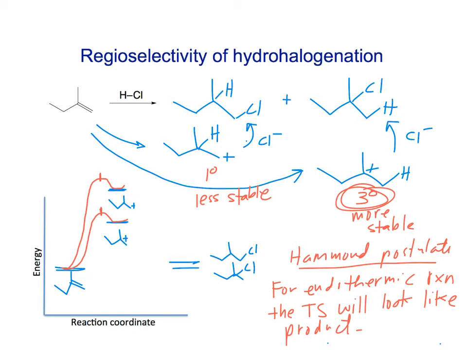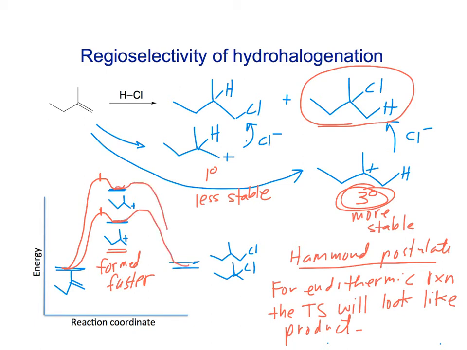That means that this one will also be formed faster and will be our major product. So this is going to go down here, like this. Notice that the H has gone on this end.